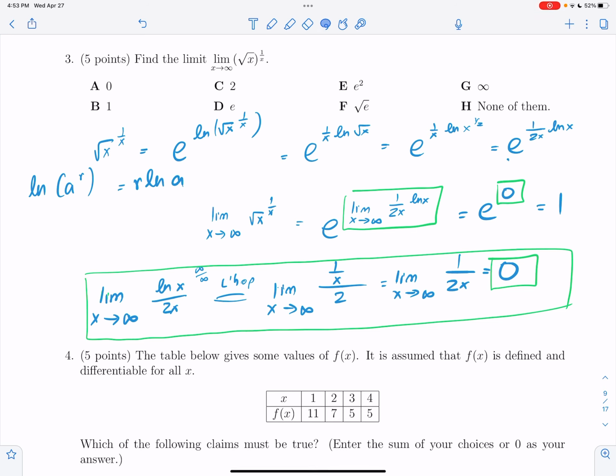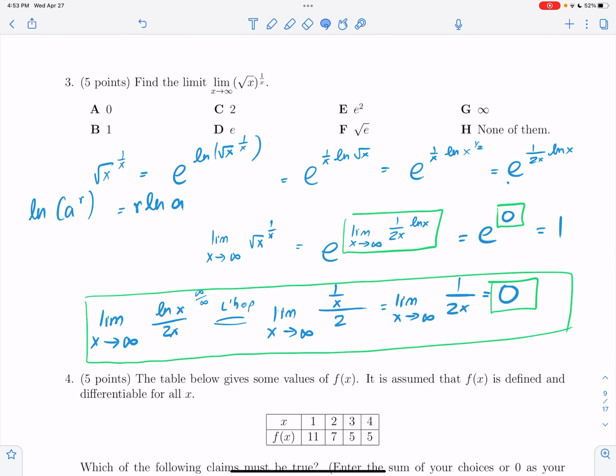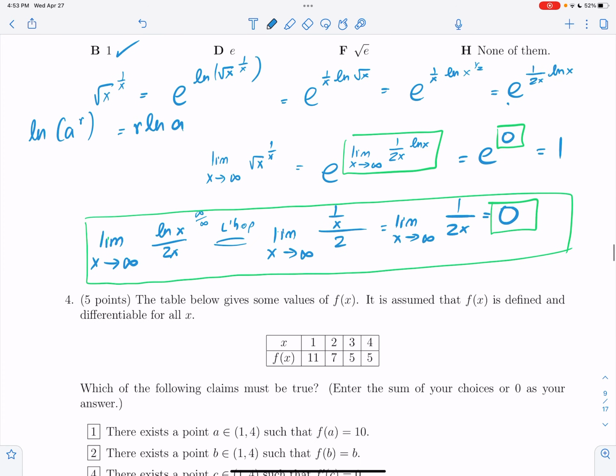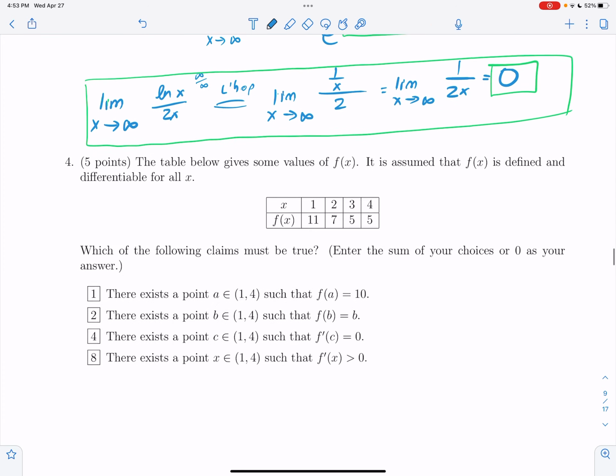Okay. All right, so where is it? This one is the answer that we have. Let's move on to the next one.